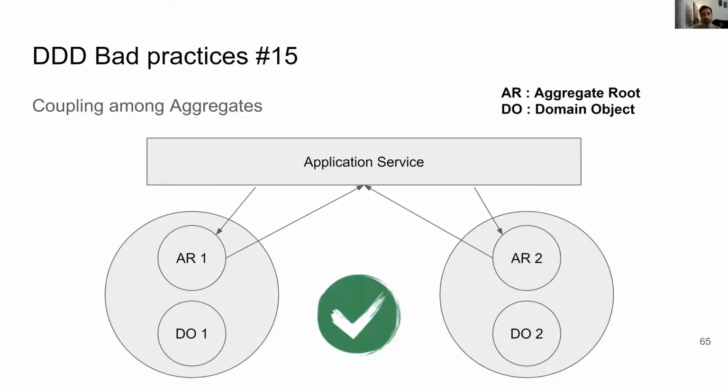So the idea here is to let the application service call the aggregates and then retrieve results. By passing by an application service, the aggregates become isolated, and there is much less coupling between different aggregates inside the bounded context.